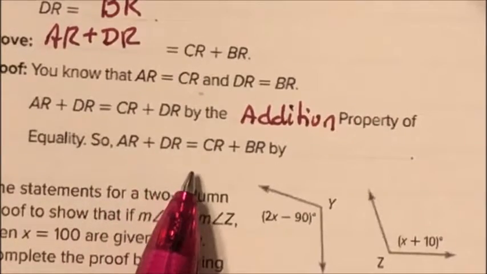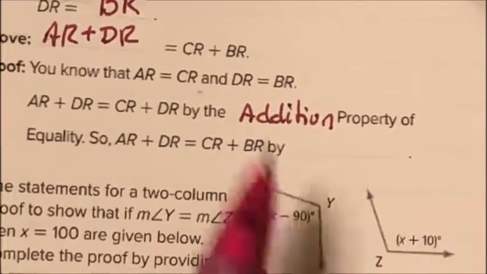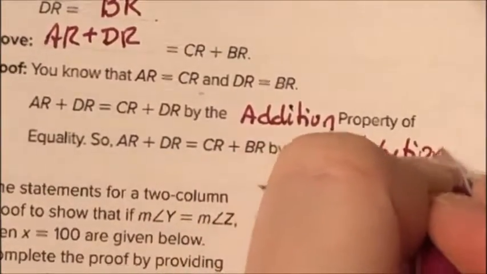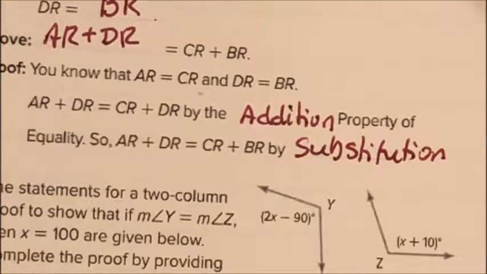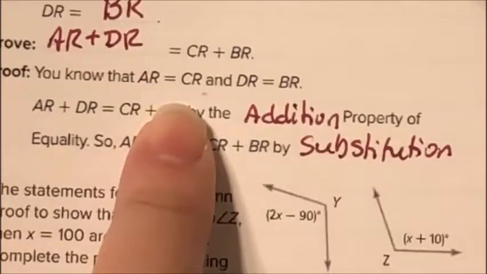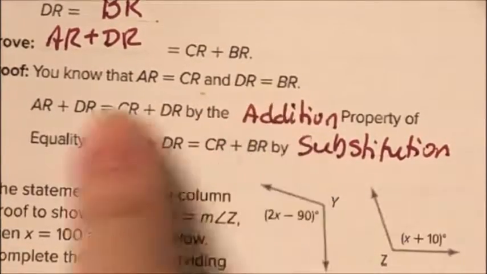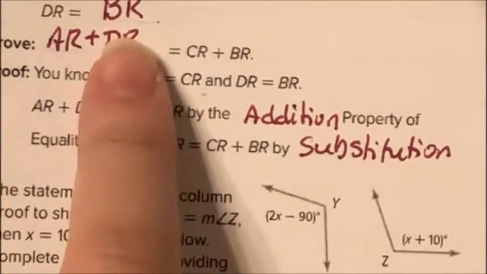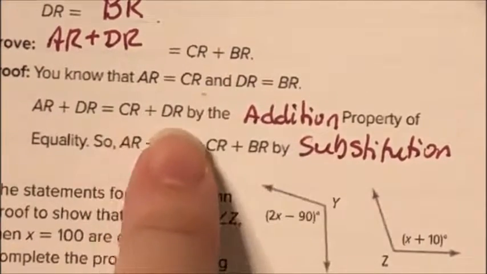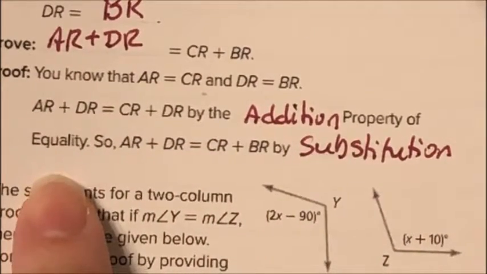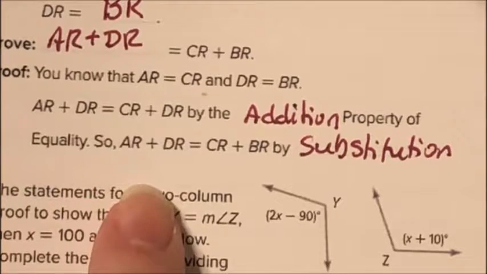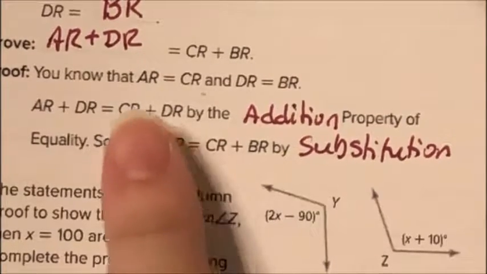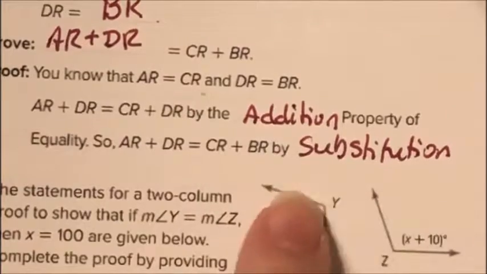So AR plus DR equals CR plus BR by substitution. AR plus DR equals CR plus DR, because we know BR is equal to DR, so I just substituted that in. So that's by the addition property of equality. And then AR plus DR has to equal CR plus BR, because remember, BR and DR are the same thing, so that's the substitution.